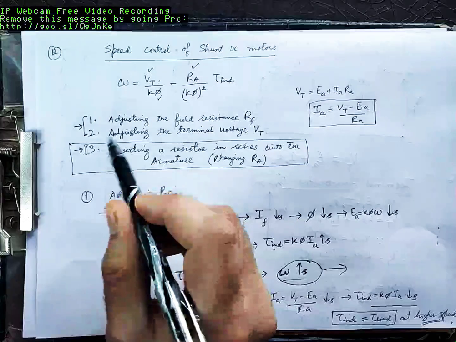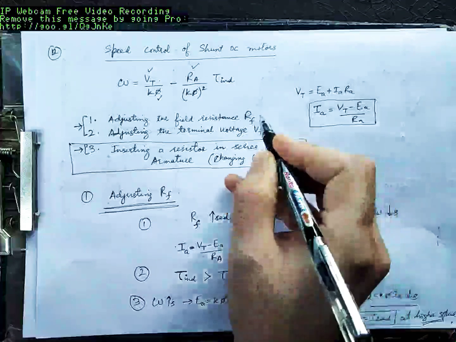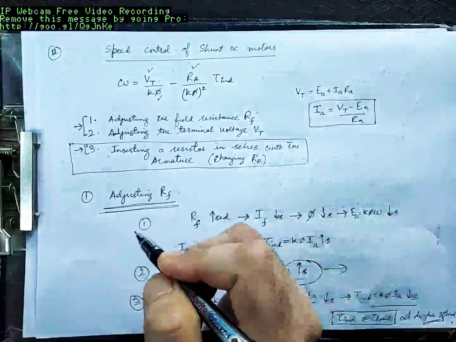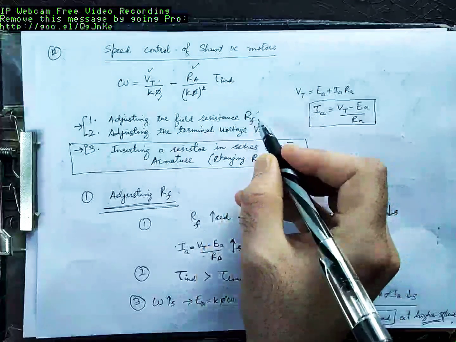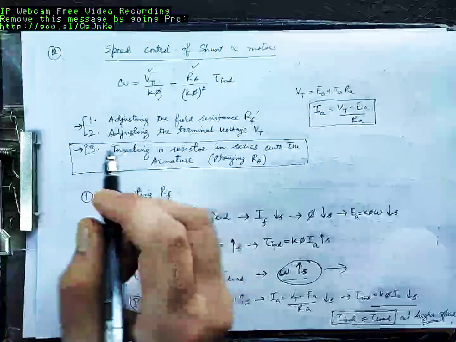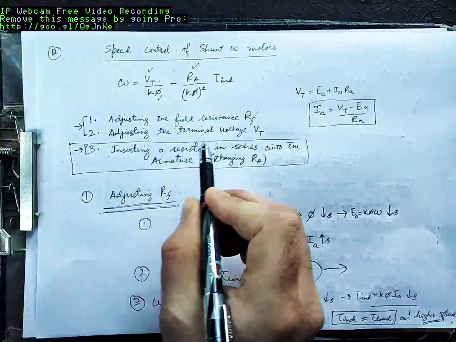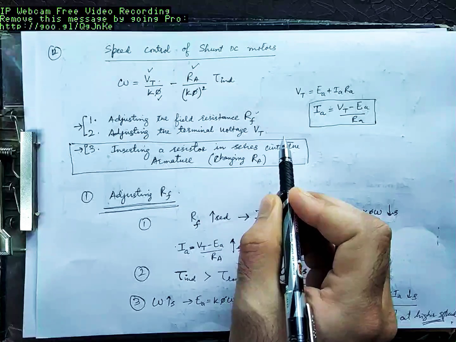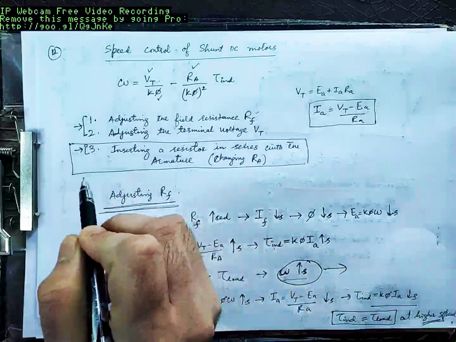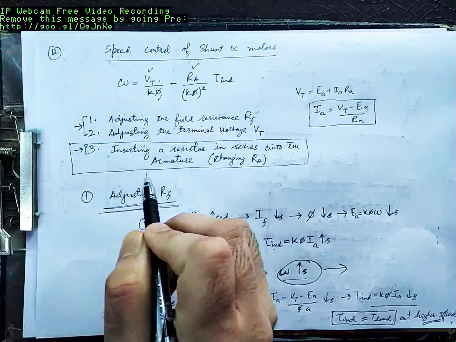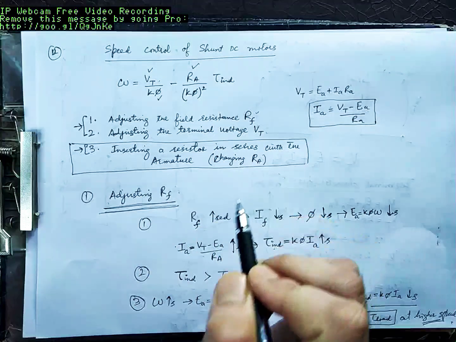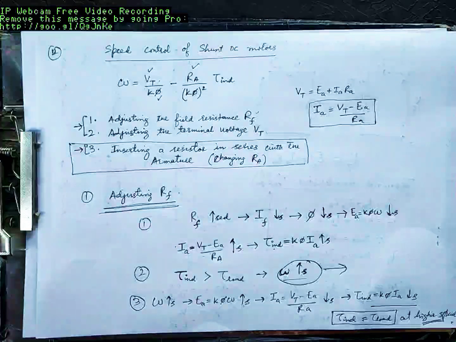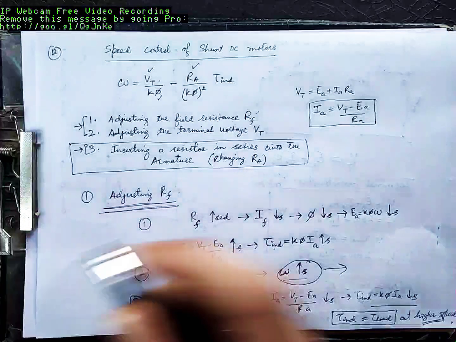First one was by adjusting the field resistance RF, which in effect actually means changing the flux. The second method was adjusting the terminal voltage VT. And the third method was inserting a resistor in series with the armature, that is changing armature resistance RA.